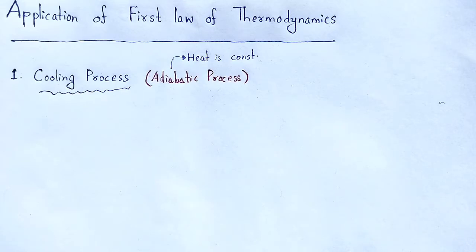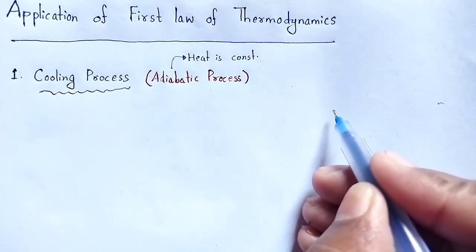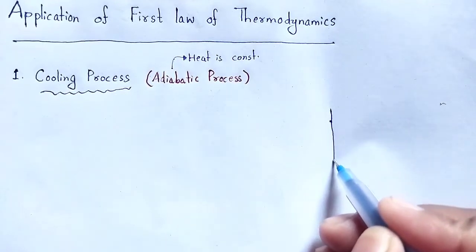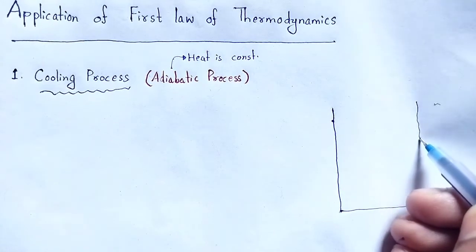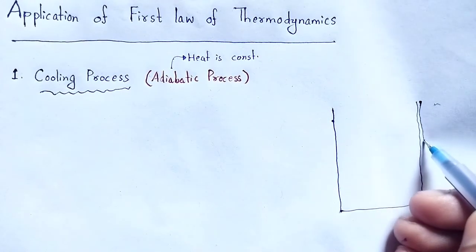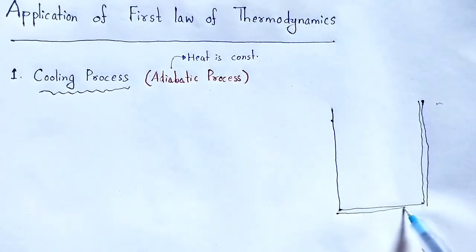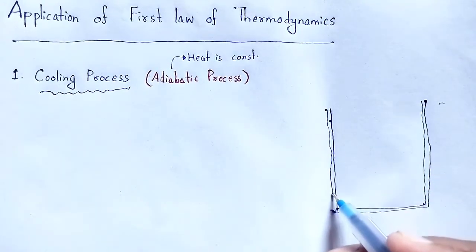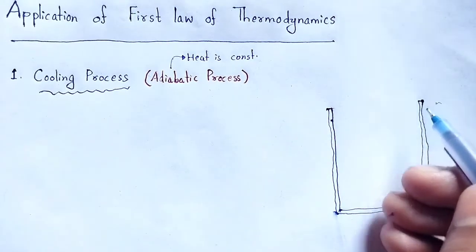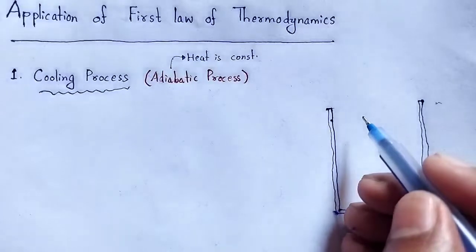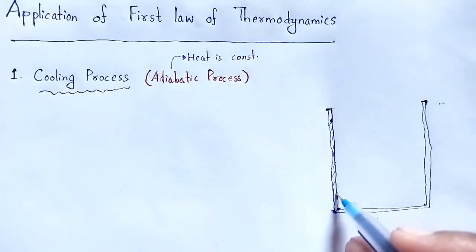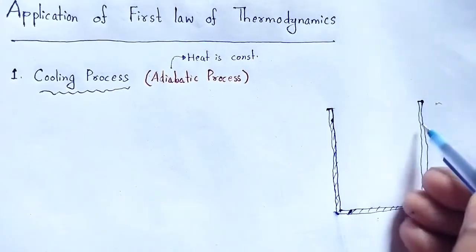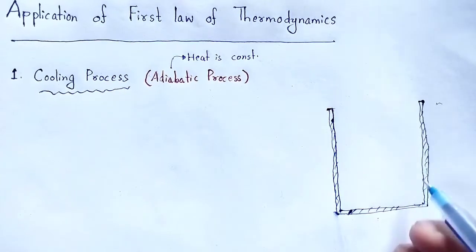Consider 1 mole of an ideal gas enclosed in a cylinder. That cylinder has perfectly insulated walls and bottom. This is the bottom portion of the cylinder.